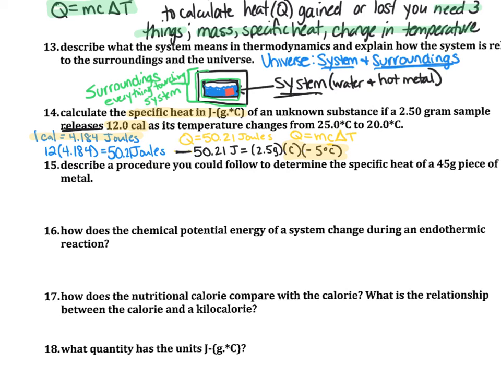So then all I need to do is solve for my C. And so you can see that I would take 50.21 and divide by -12.5. And that would give me a specific heat of 4.0168, don't forget your units, joules per gram degrees Celsius.